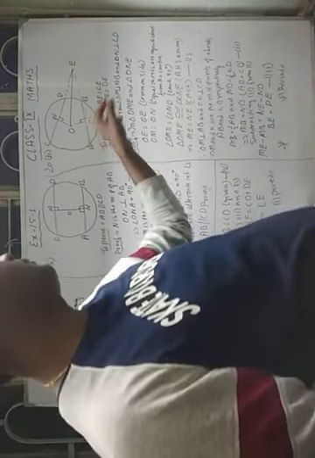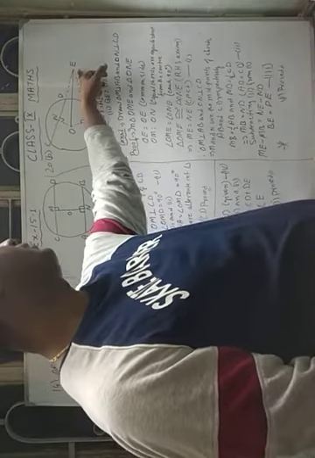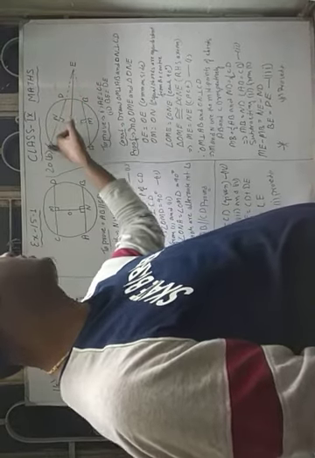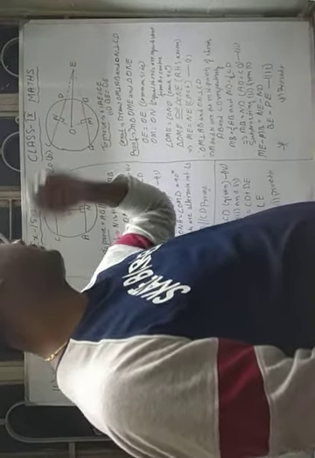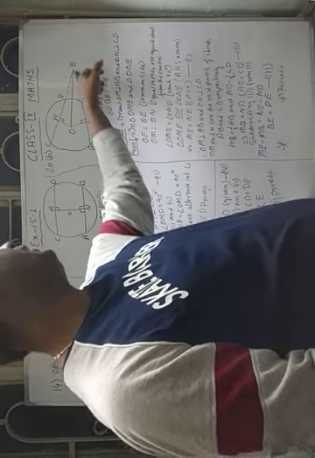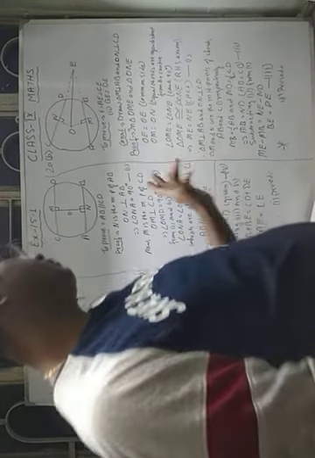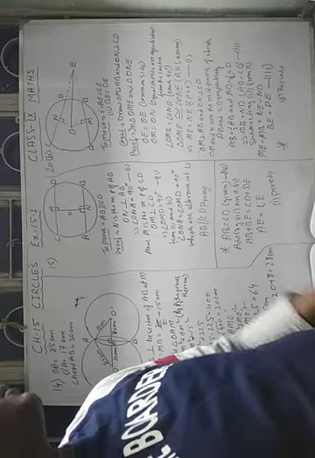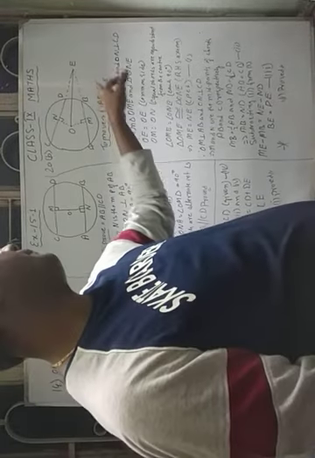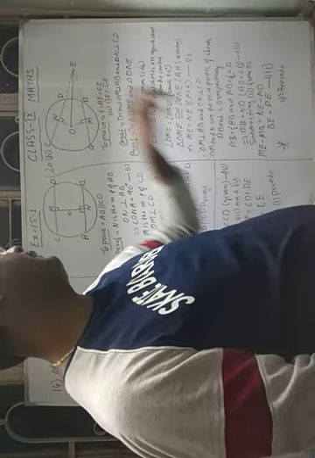First, the secant AE equals CE, and also BE equals DE. So two things we have to prove here.